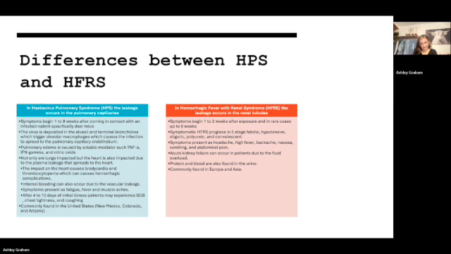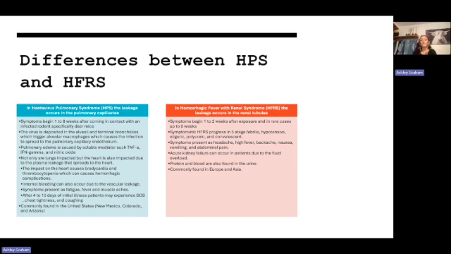All right. In the difference between HPS and HFRS, HPS is known as Hanta pulmonary syndrome, which causes leakage in the pulmonary capillaries, which is one of the major differences.